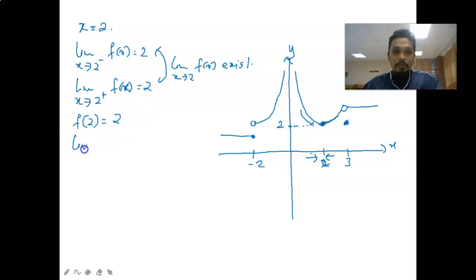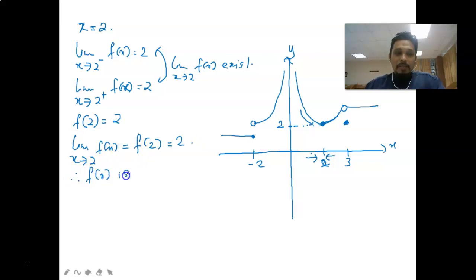So the limit as x approaches 2 of the function f(x) equals f(2), which is equal to 2. So we come up with the conclusion that f(x) is continuous at x equal to 2. There you go.